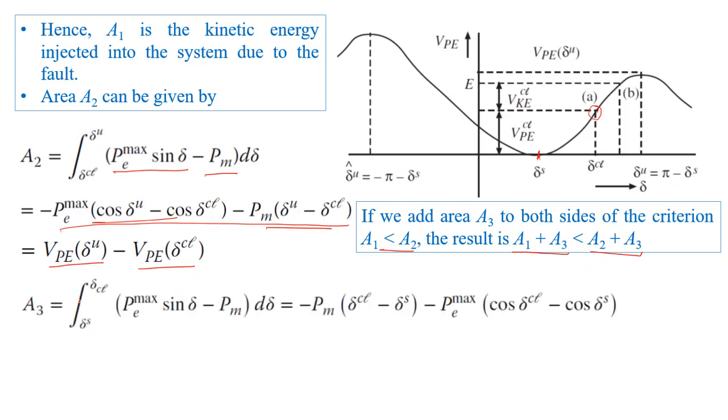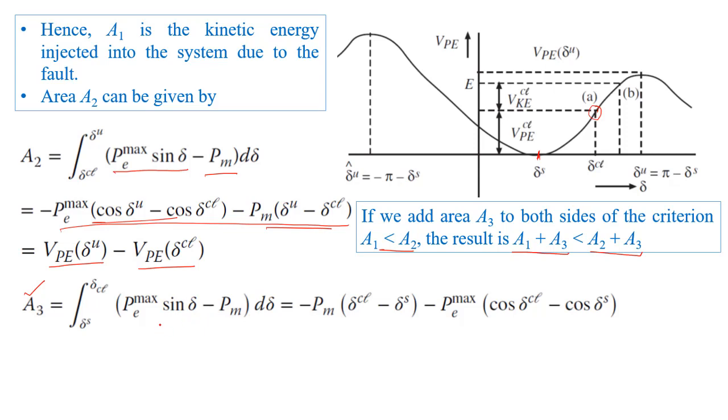Now evaluating A3, it can be evaluated from delta S to delta CL, that is the integral of Pmax sine delta minus PM with respect to d delta.